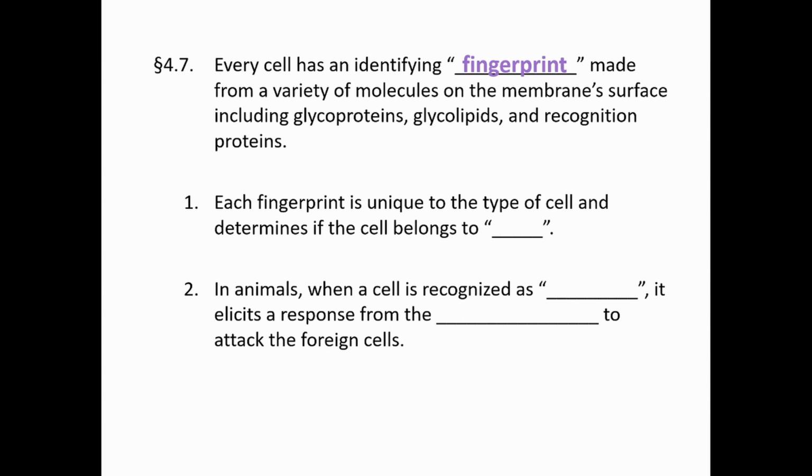This fingerprint is unique to the type of cell it is and determines whether or not a cell belongs to the self. In multicellular organisms like ourselves, with hundreds of thousands, millions, billions of cells making up our body, we have to know who is who because not every cell inside of our body is actually from us.